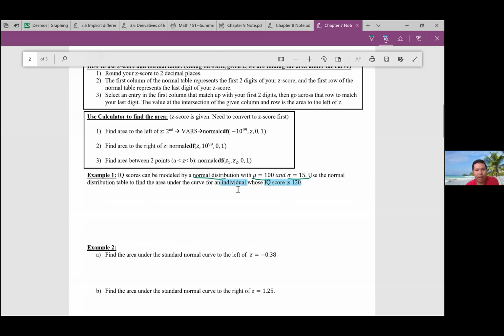You just see one individual score, and notice that here they don't give you the sample, right? They said, I have the mean, I have the standard deviation, I want to find out for one particular object or one particular person, if that person is selected, what is the probability that the person has an IQ score more than 120 or less than 120, right?